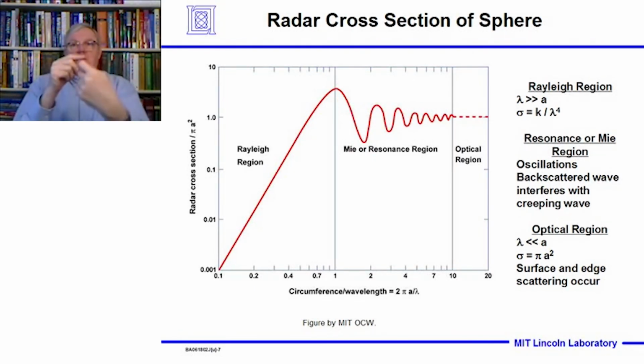And as it creeps around the back of the sphere and comes back, it's going to interfere constructively or destructively, depending upon, and you can see here, it's adding constructively and then destructively, and constructively and destructively, and then it damps out to just the optical number.